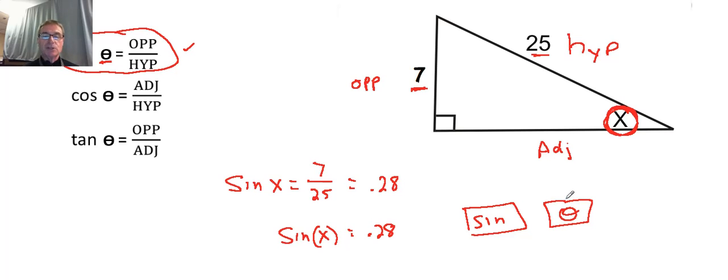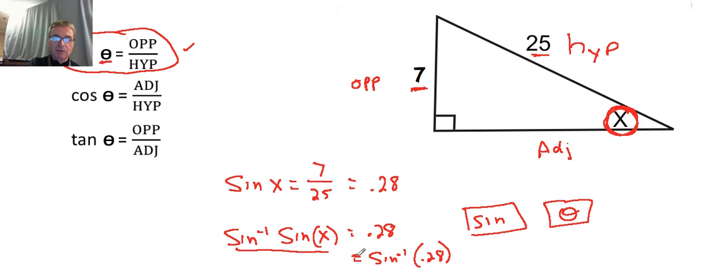So this is where we need to use an inverse function, and it's called the inverse sine function. So if I were to do this to both sides, sine to the minus 1 times sine is equal to sine to the minus 1 of 0.28. So this is now equal to this.